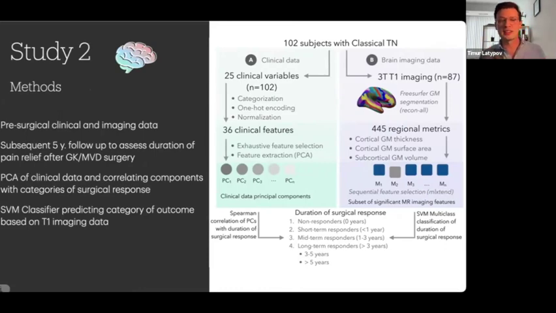We analyzed 25 clinical features using principal component analysis as a dimensionality reduction and transformation method, feature selection, and Spearman correlation against the categories of the surgical outcome duration. And on top of that, we also combined pre-surgical imaging data with a multi-class classifier model to predict the duration of the surgical response using pre-surgical data.